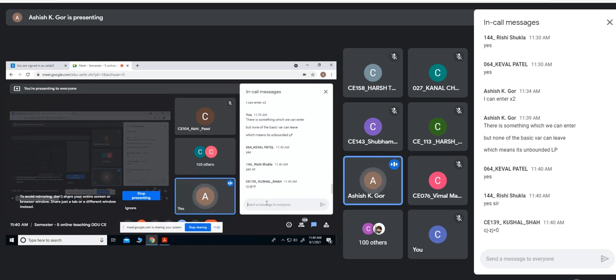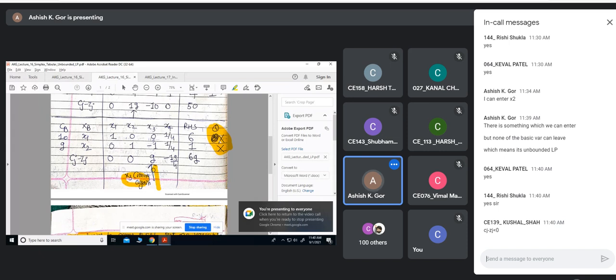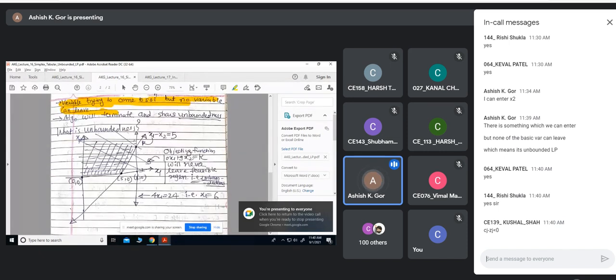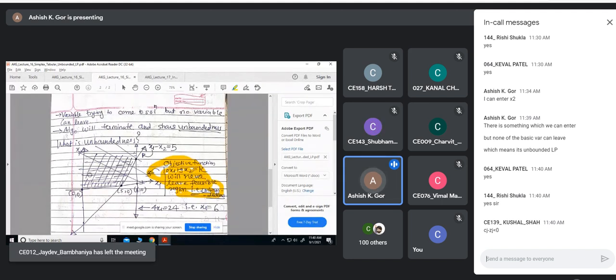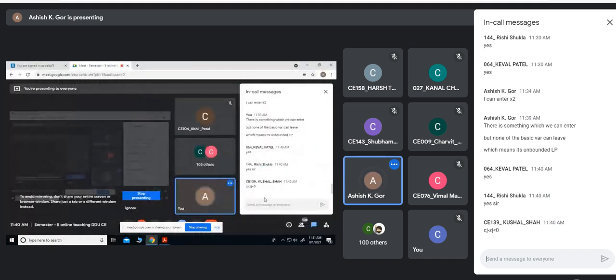But here, surprisingly, there is something which we can enter and nothing to leave, which means the objective function 10x1 plus 9x2 will never leave the feasible region, and the algorithm thus terminates and shows unboundedness. Remember, if you start with a program and end with a scenario like this, where there is something to enter but nothing to leave, this condition says it is an unbounded LP.